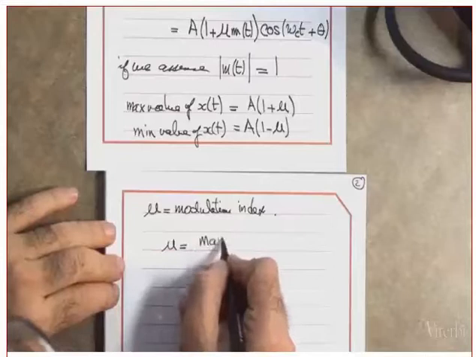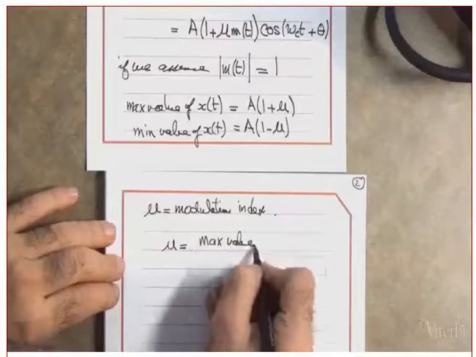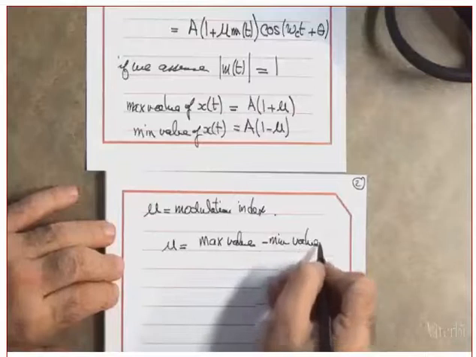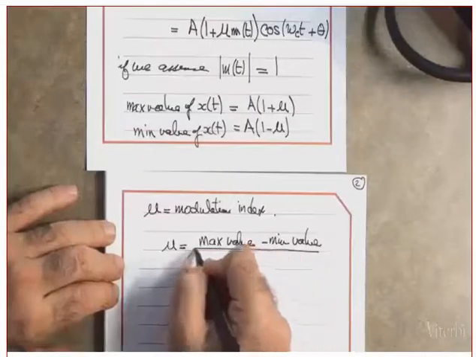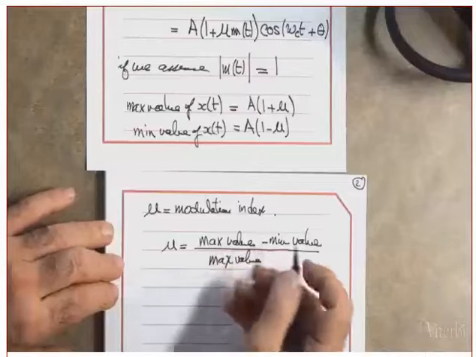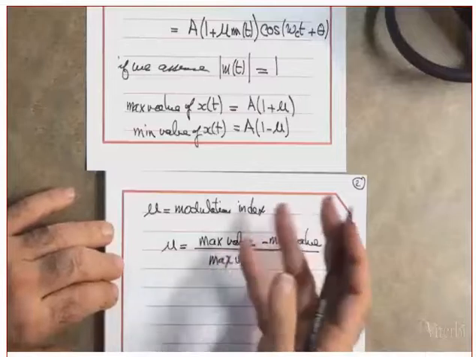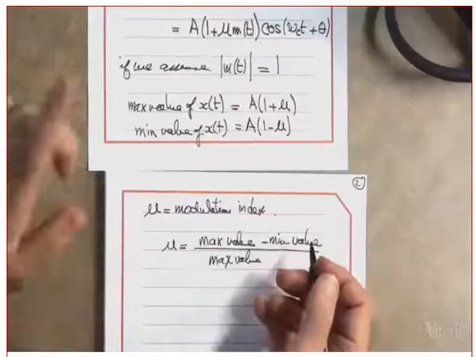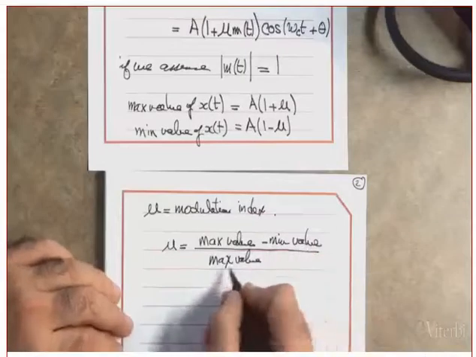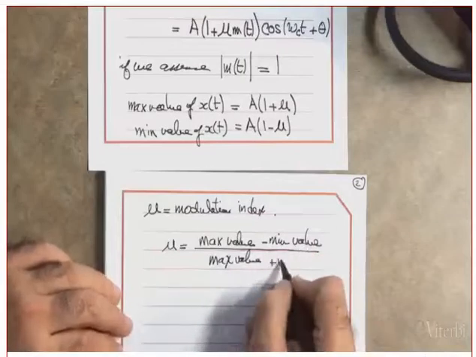It's the maximum value minus the minimum value, divided by the maximum value plus the minimum value. Maximum value of who? Maximum value of the modulated carrier, the output of the modulator.